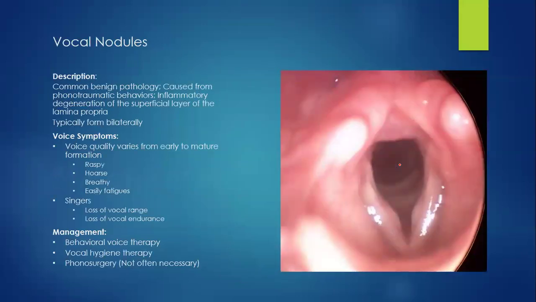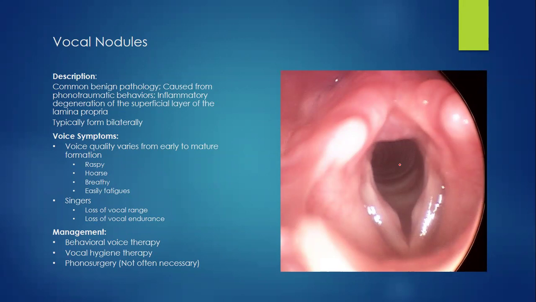So structural pathologies, I've seen vocal nodules on the Praxis quite a bit, right? So vocal nodules, you have to know, these are benign pathologies, usually caused from phonotraumatic behaviors. So phonotraumatic behavior is just any behavior that impacts a person's vocal quality, such as yelling, speaking too loudly, or singing or speaking beyond a person's range.